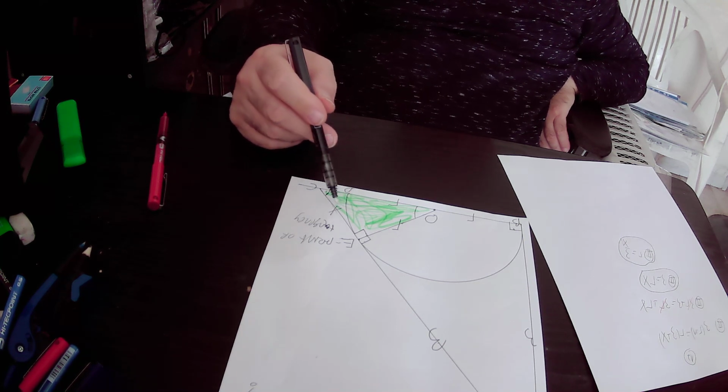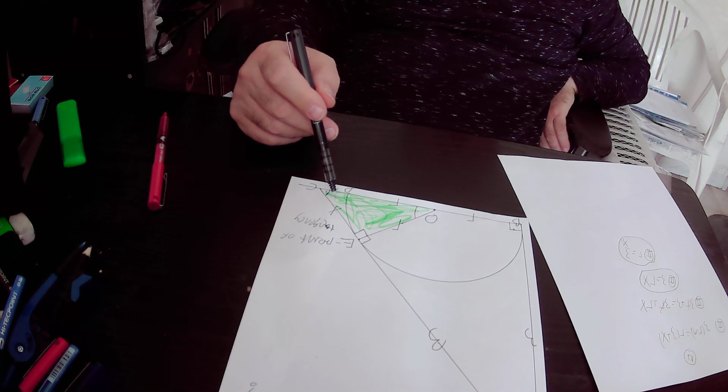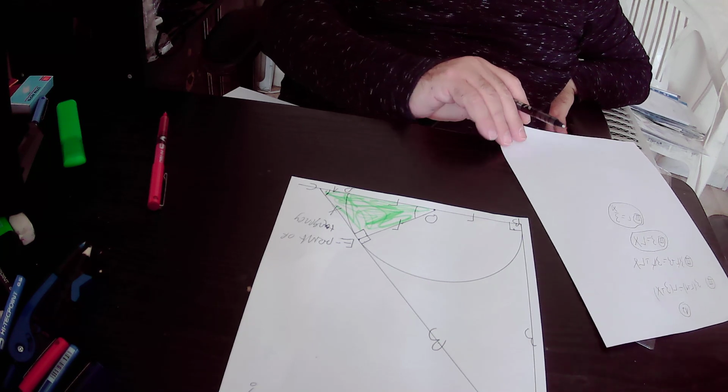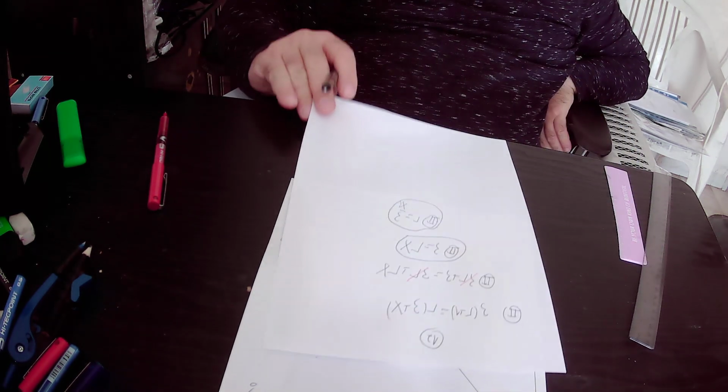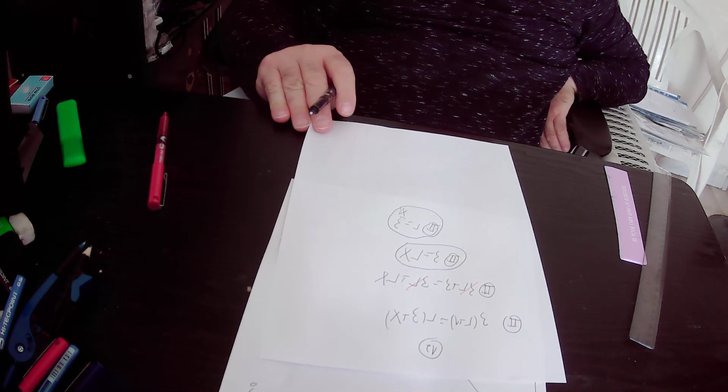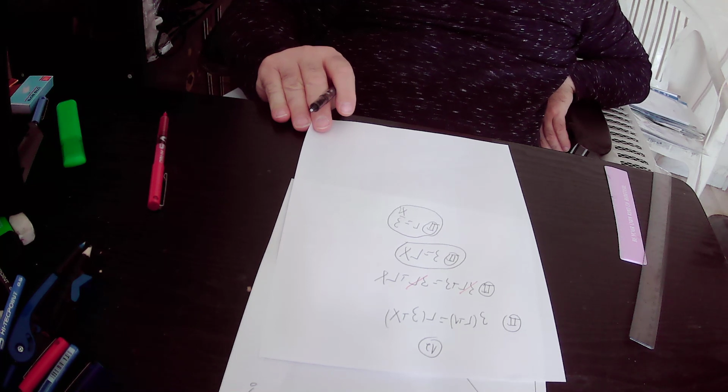Therefore, it must be a positive number, as a side of a triangle must be positive. Therefore, it is allowable to divide by X, because a side of a triangle can never be 0.